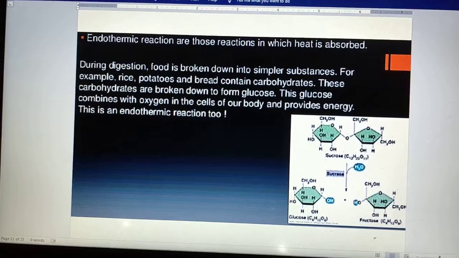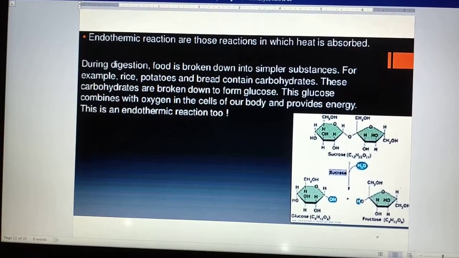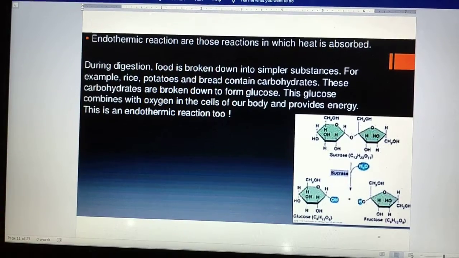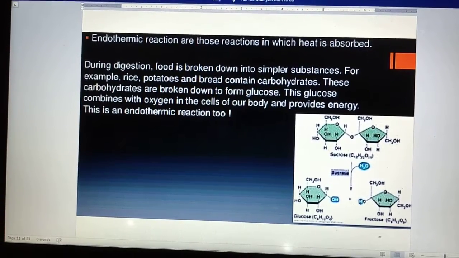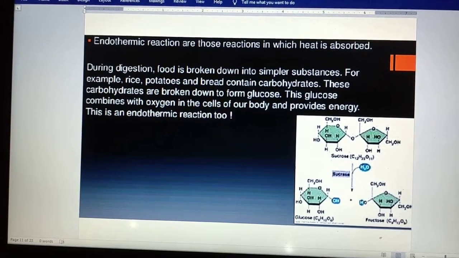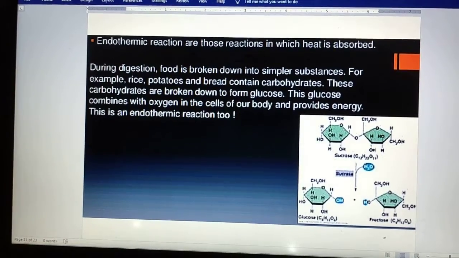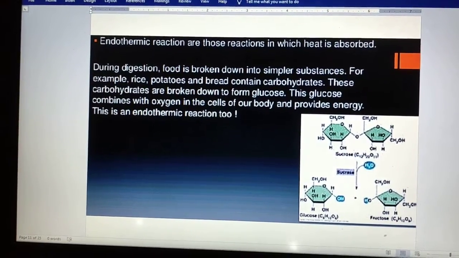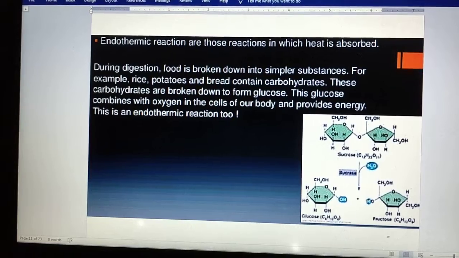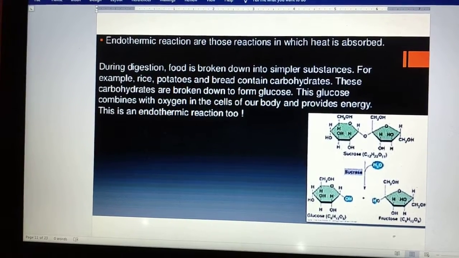In this process, plants use the energy from the sun to convert carbon dioxide and water into glucose and oxygen. Other examples of endothermic processes are dissolving ammonium chloride in water, evaporating liquid water, cracking alkanes, etc.